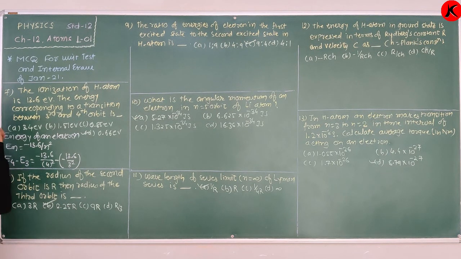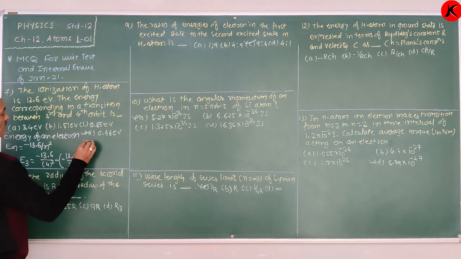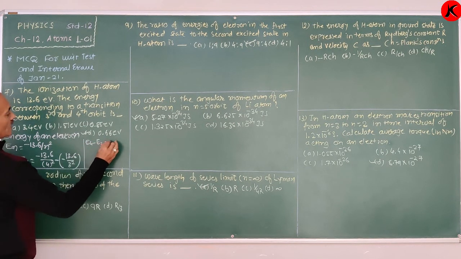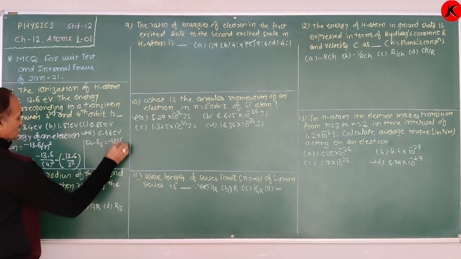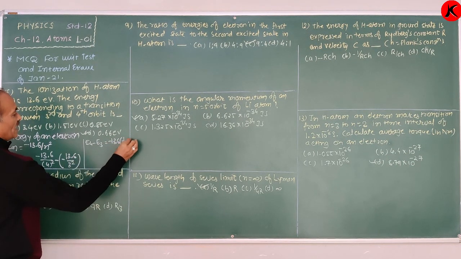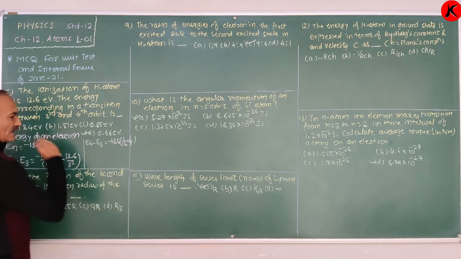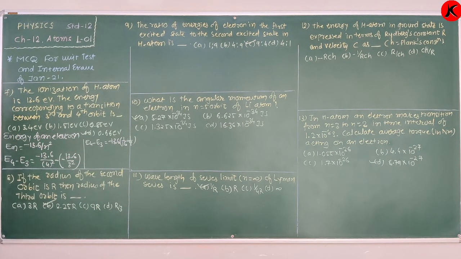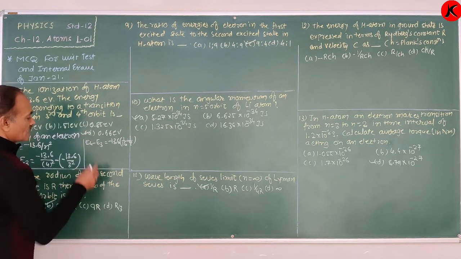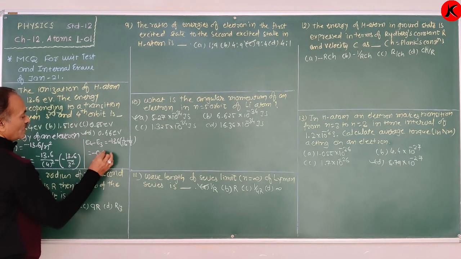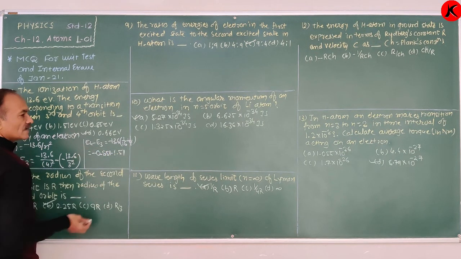Clear? Therefore, E4 minus E3 is equal to minus 13.6 times (1 by 16 minus 1 by 9). Because the minus 13.6 is taken out of the bracket, it is equal to minus 0.85 plus 1.51.